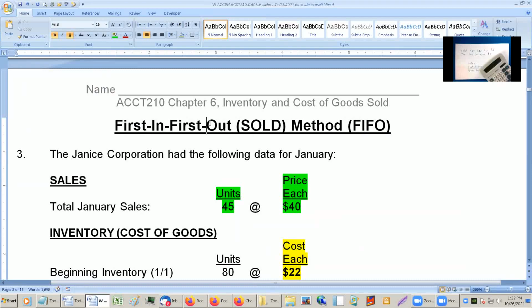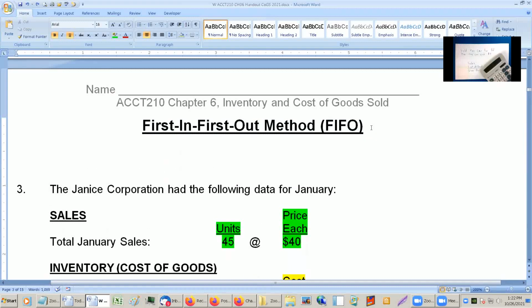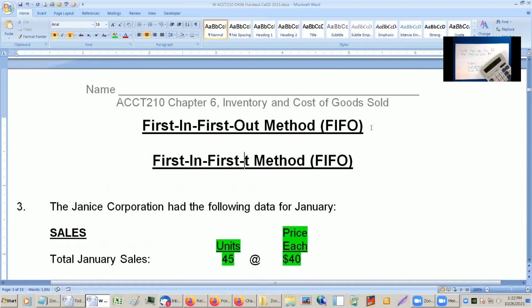Let me do it differently. So the first ones in were the first ones that were sold. This out really means sold.